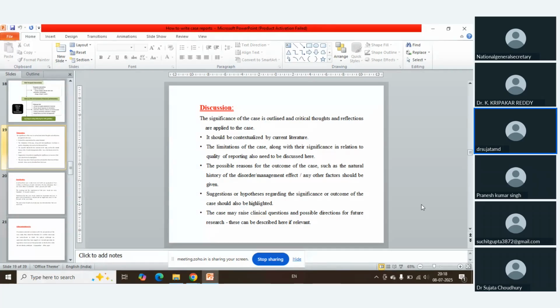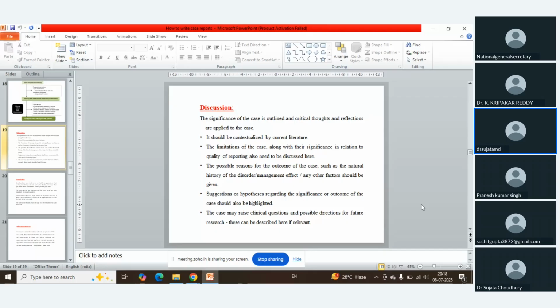If an outcome comes, this outcome corroborates any findings of the literature that we have searched or identified during the literature review or while writing the introduction portion. The limitations of the case, along with their significance in relation to the quality of reporting, also need to be discussed here.